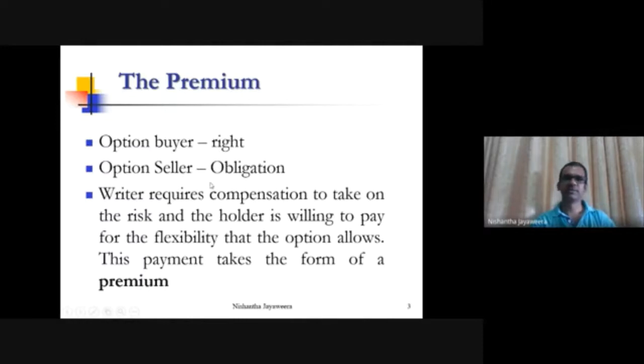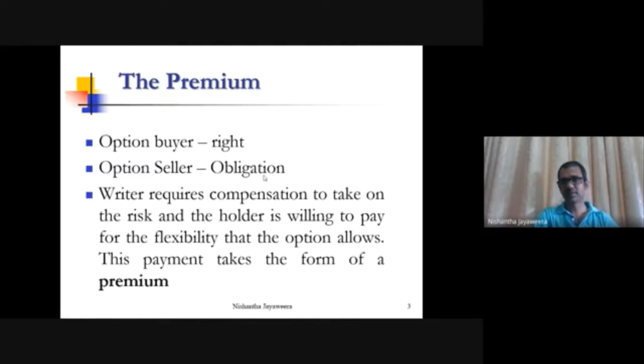If you remember, option seller takes a huge risk, theoretically unlimited risk. To take that risk, he should be compensated. That compensation is the premium. Just to collect this premium, he takes that risk. So the premium is what the buyer pays to the seller to compensate the risk of the seller.